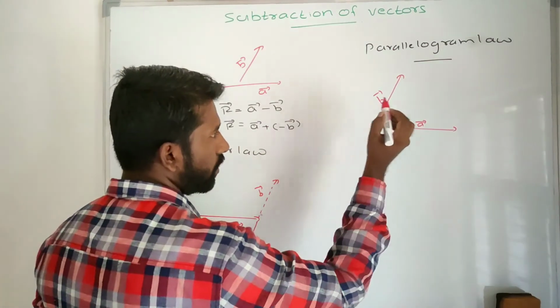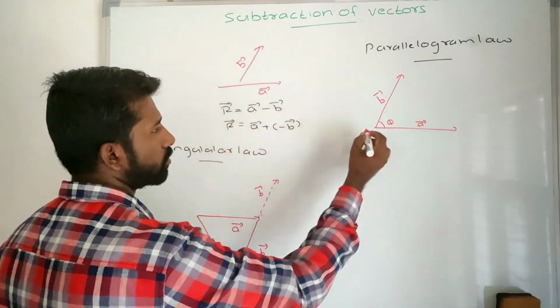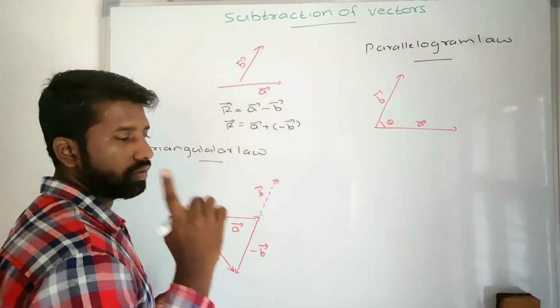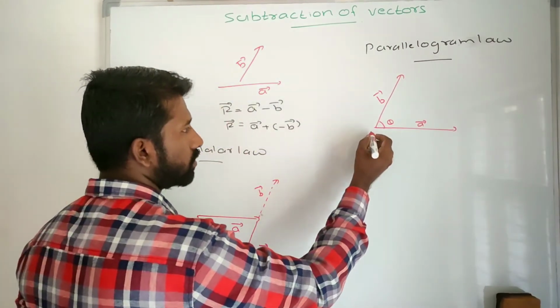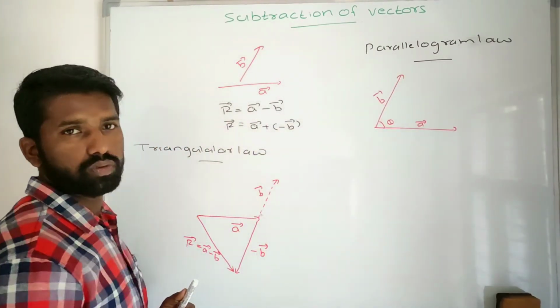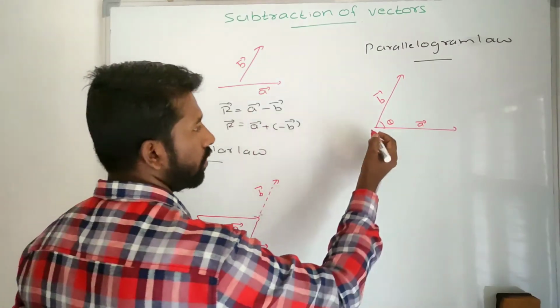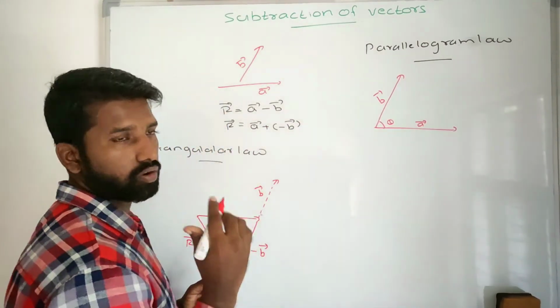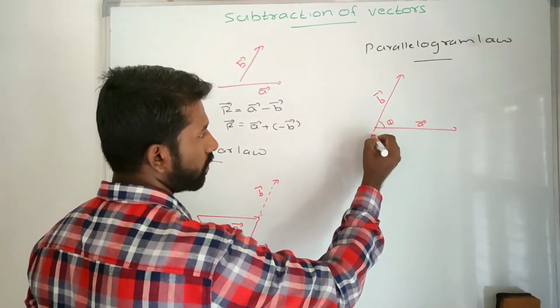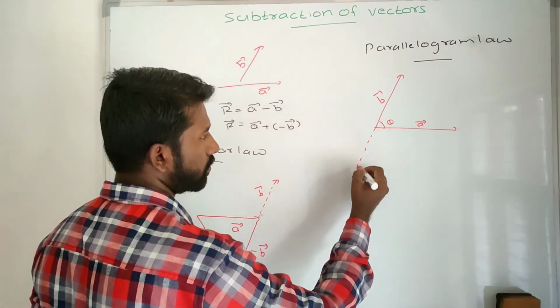But we need to find out A minus B. So we have to take the minus B vector. Minus B vector means the same magnitude but in the opposite direction, and we have to draw it from the common point.